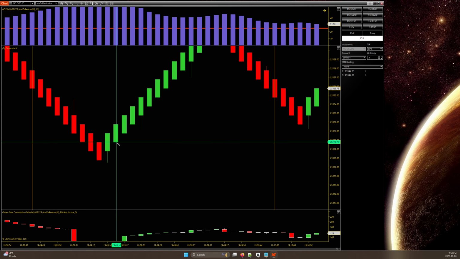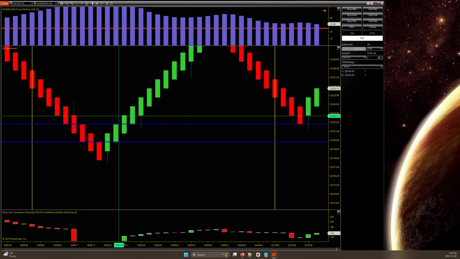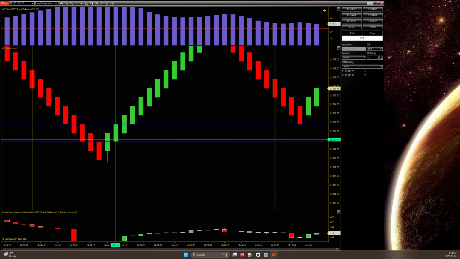The 8 represents the size of the body, and the 4 represents how much past the body it has to go to create a new candle. So that's 8 ticks, and then this one should be 4 ticks beyond the last one.